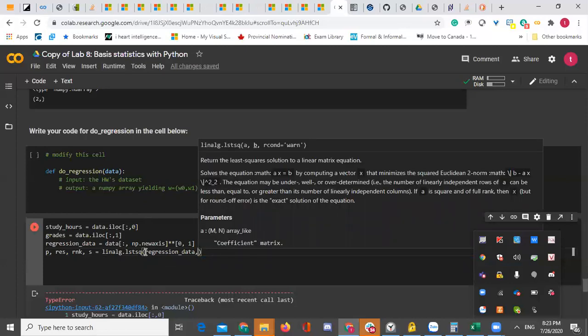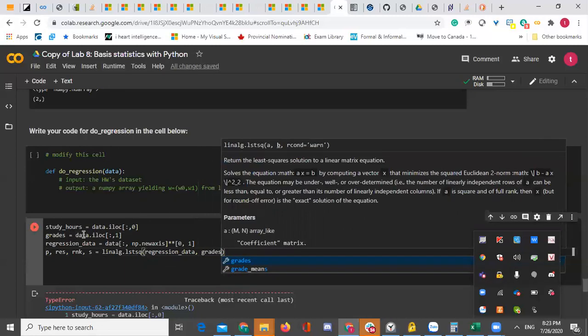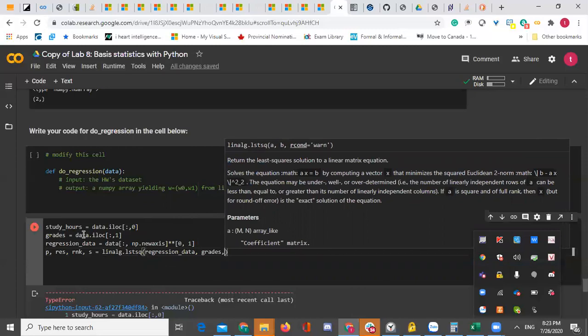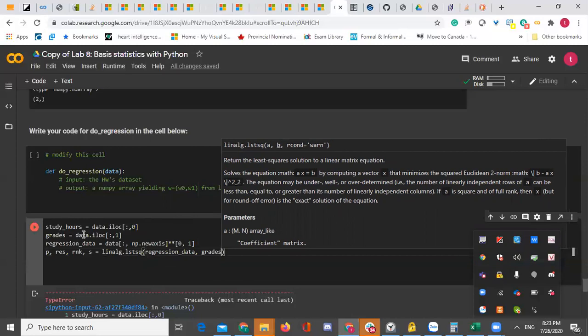Okay. So the B is the grades, right? Exactly. Okay. And the record, do we need to put anything? I don't think so. You can use it later to learn more about how it works. But I think it's for the optimization method.